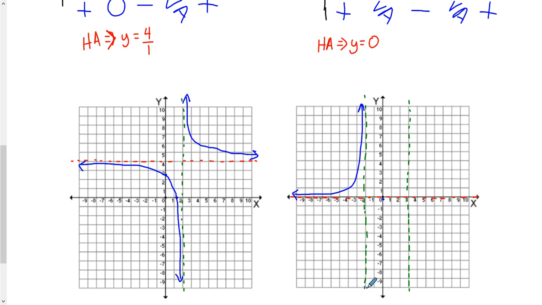Well, the only way we can stay close to those asymptotes is like that. And positive on the right-hand side of 3, well, that means this.